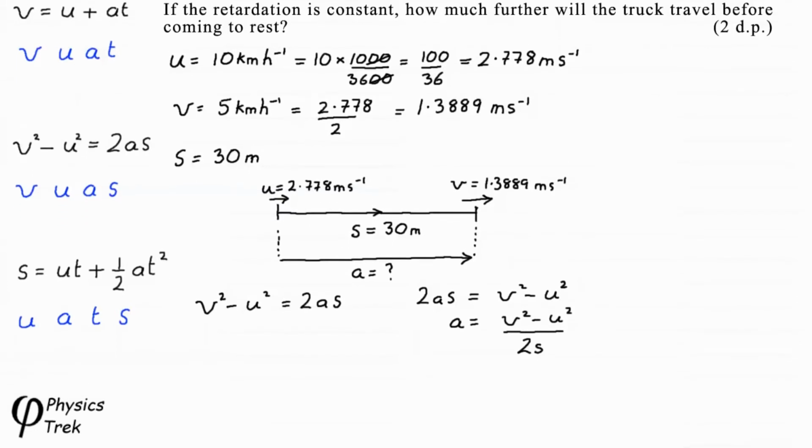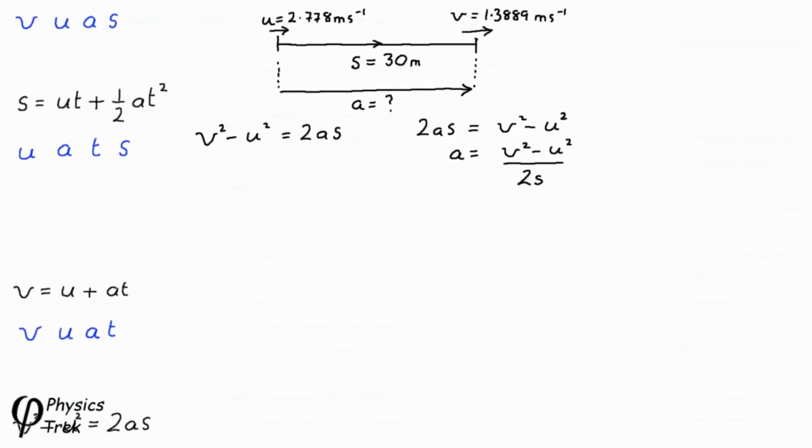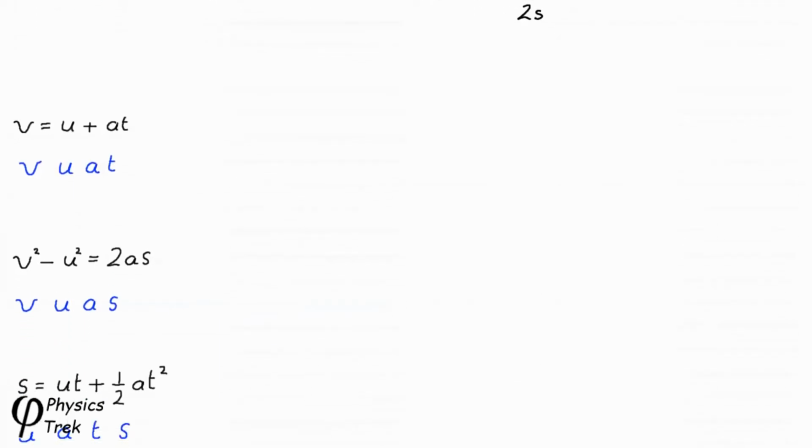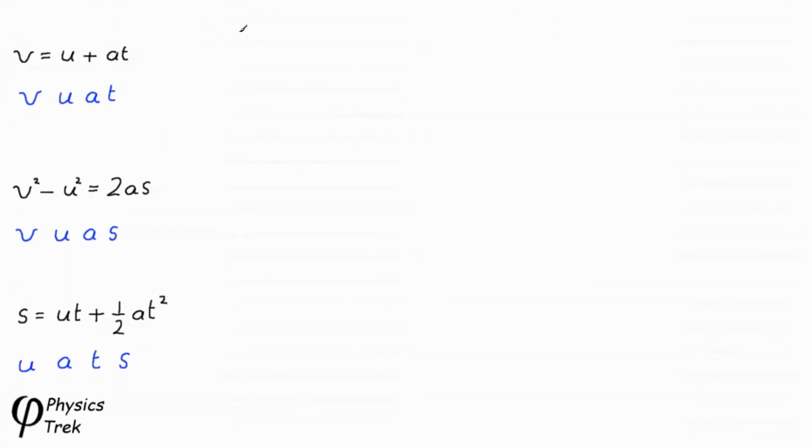Now all that remains to work out the acceleration A is to put numbers in the equation. Okay, so here we are, A equals V squared, which is 1.389 squared, minus U squared, which is 2.778 squared, divided by 2S, which is 2 times 30.